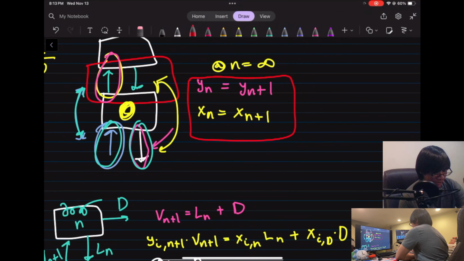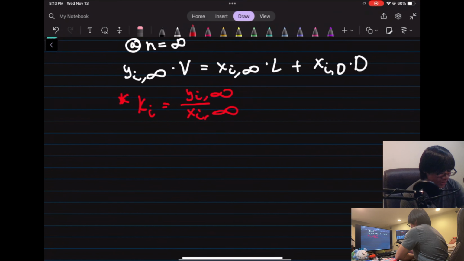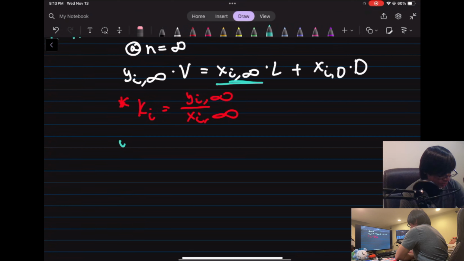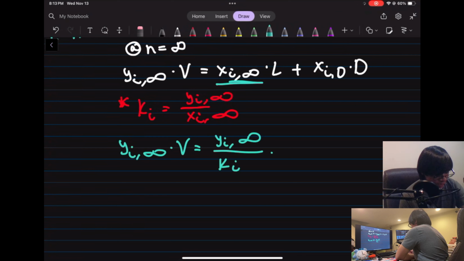That almost confused me. So we do the substitution for our x, our liquid mole fraction. So we have y at infinity times our vapor flow rate, and then x is equivalent to yi, light key vapor mole fraction at infinity, over Ki, times liquid flow rate, and then our distillate. And this is actually distillate recovery.